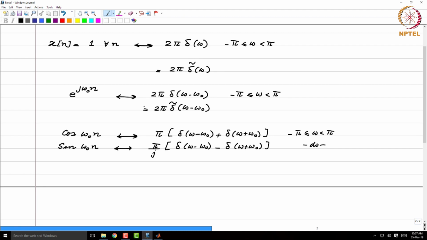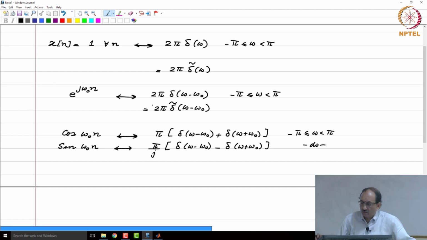So in this context, just to make sure I understand where this is coming from, no additional thing need be said here, because even if omega naught were outside the range 0 to 2 pi, the question is, won't this impulse be located at that particular frequency? Is that the question?